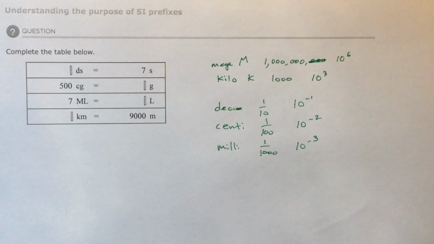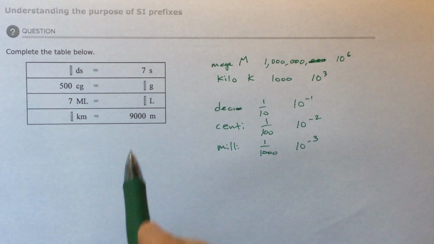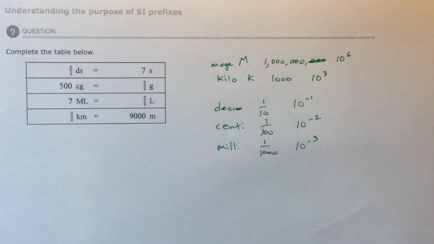You can go on. There are very commonly used ones all the way up to 1 billion and 1 billionth. It would be very helpful to practice these so you get to know what you're talking about. The first one here is asking for deciseconds. 7 seconds is how many deciseconds?